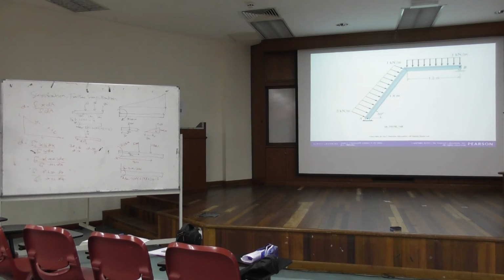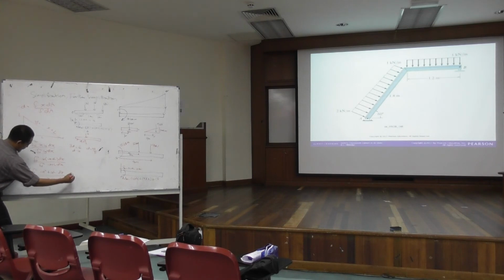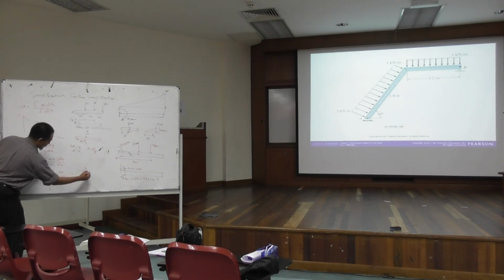What do you get? Minus x cube over 3, and then plus x squared.